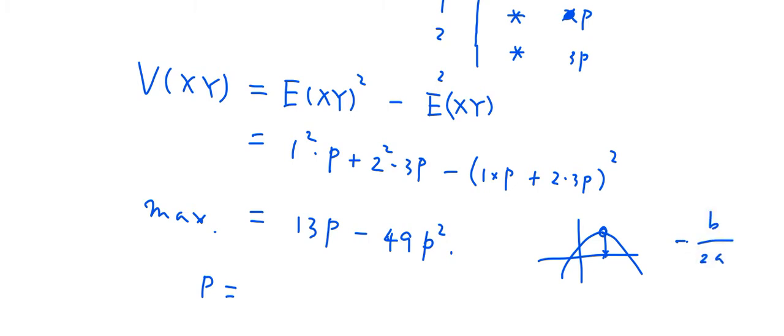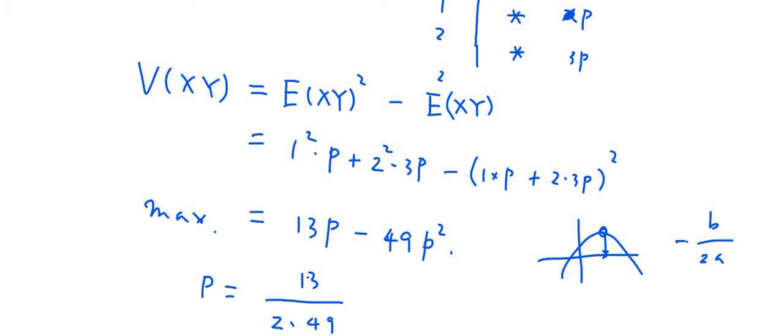So we find P equals 13 over 2 times 49, that is 13 over 98. Okay, so P equals this.